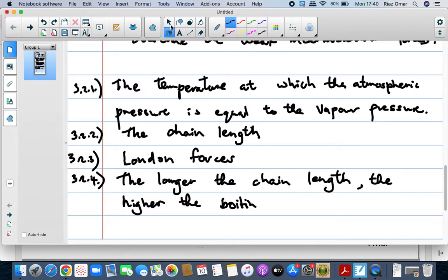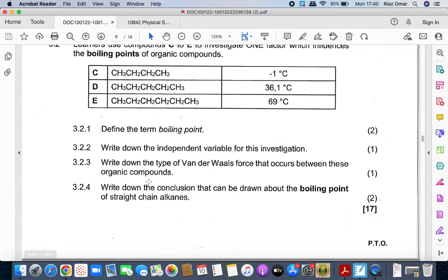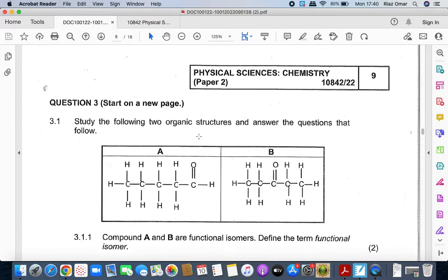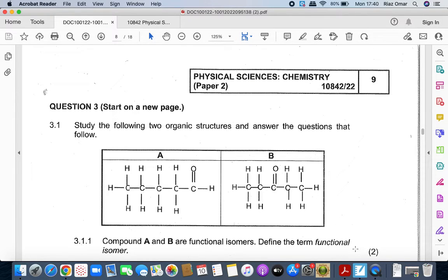As chain length increases, the boiling point increases, right? Okay, so that will be the 17 marks. That is the end of question 3, and that is how we can go about answering it.